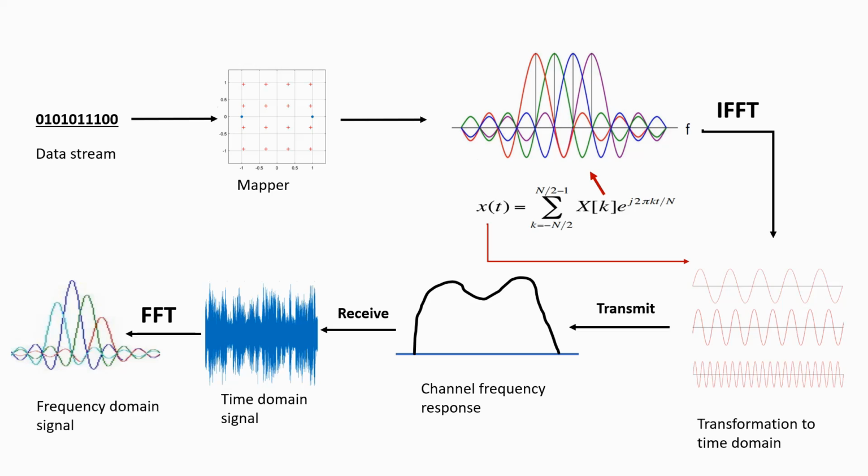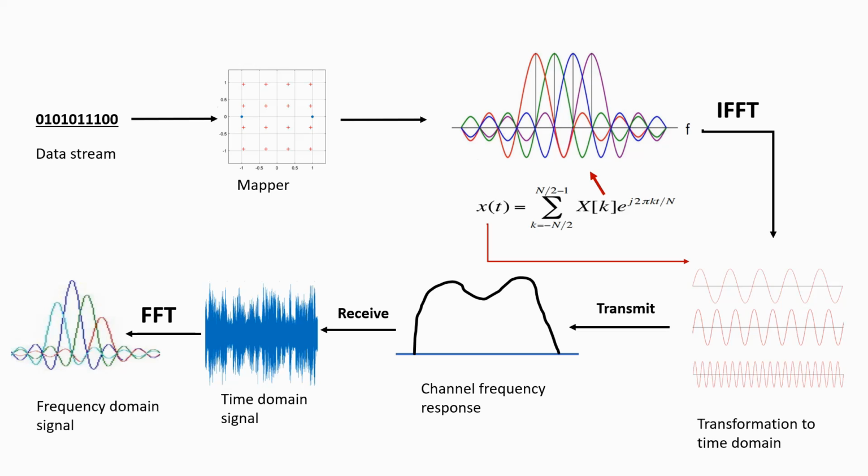This diagram describes the OFDM system, where first binary phase shift keying codes the data in the frequency domain. Then we apply IFFT to the signal to get the time domain of each frequency, which all will be added up and transmitted.